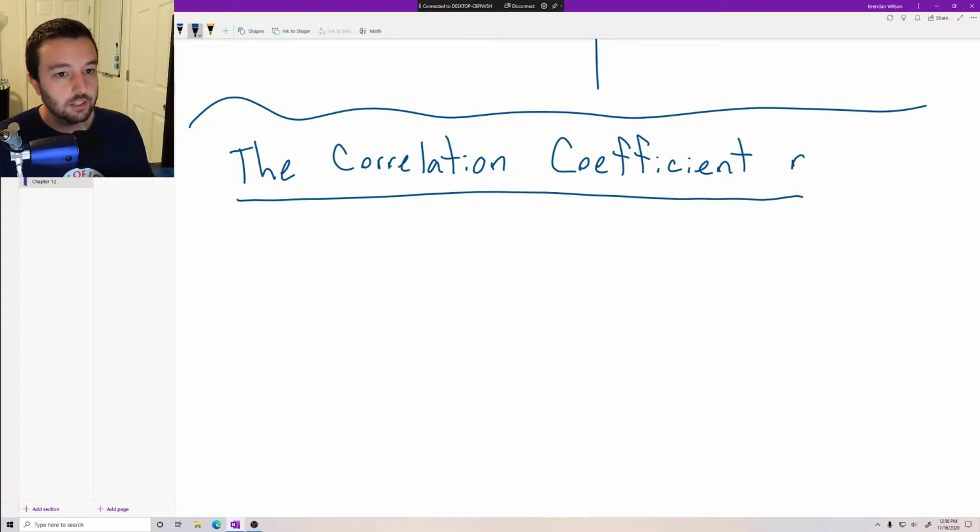Correlation, in plain English, is telling us what the relationship between two variables is, or if there is one at all, right? Are the variables correlated? Which essentially just means as one changes, does the other change? So that's going back to slope. And that's exactly what we're going to see, that the correlation coefficient tells us the slope of the regression line.